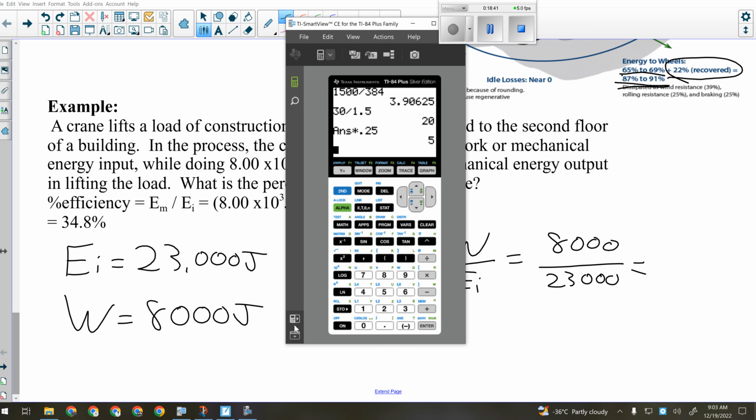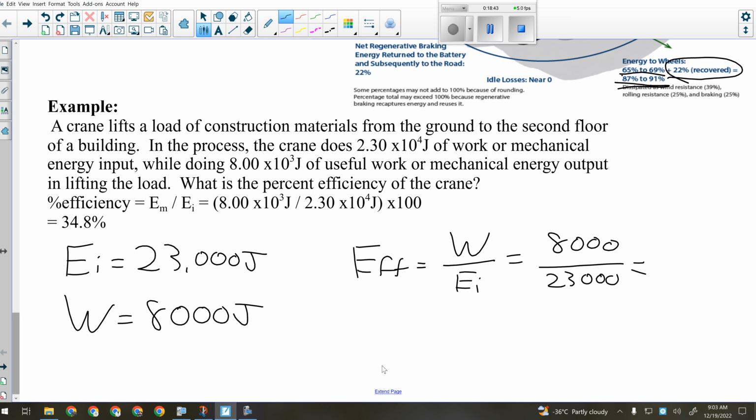So we get what, 0.348? Is that what it comes out to? I think so, 0.348. And then there's no units on that because it's a percentage. You could write 34.8%, and that would also be correct.